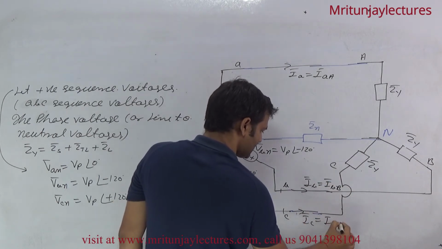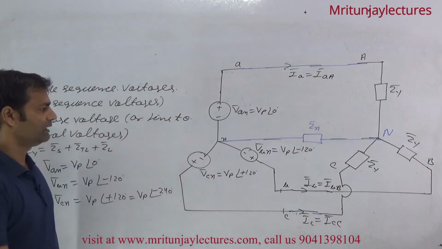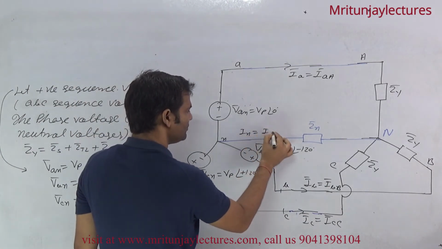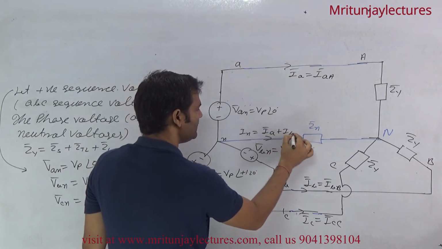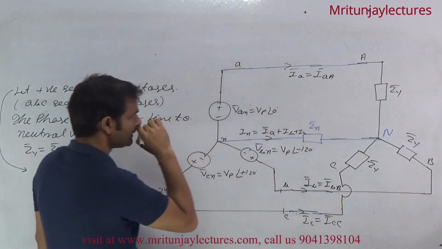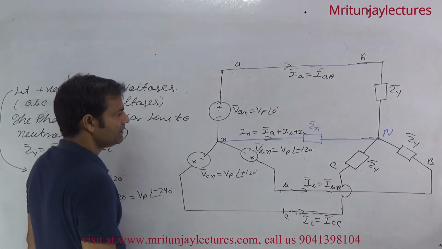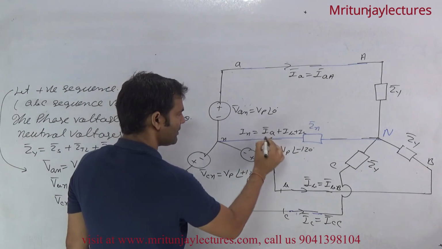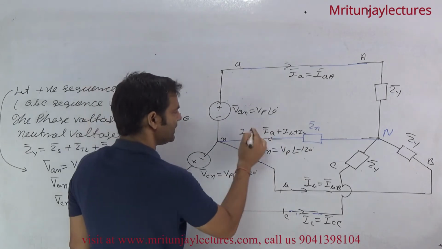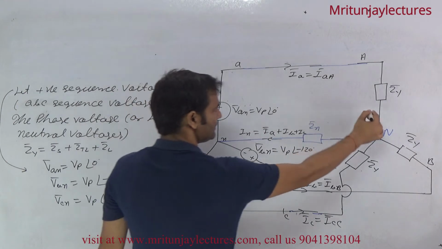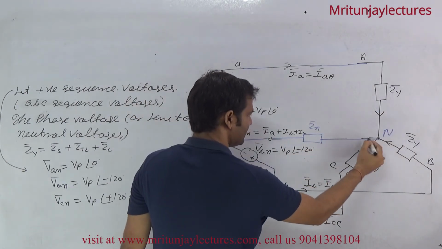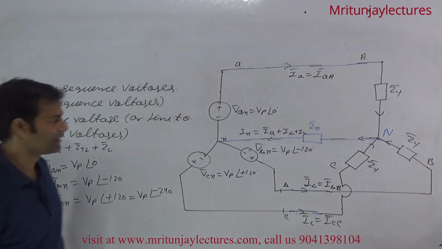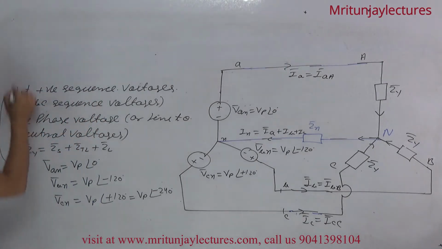It is also written as capitals like this one, and IN will be equal to IA plus IB plus IC. Like this one, IN will be equal to the sum of the currents going through this one, so written like this one. Clear?